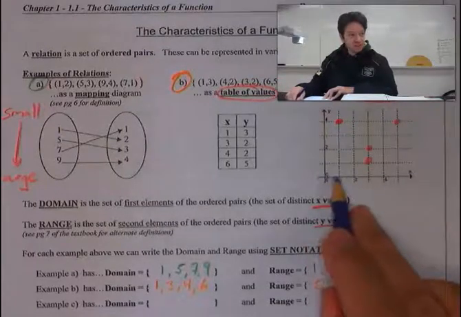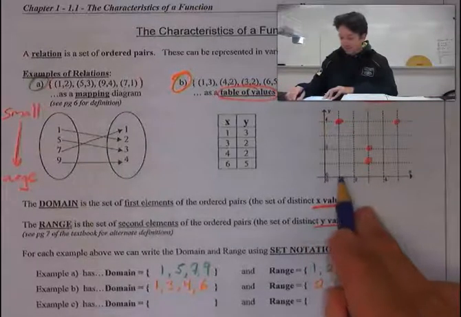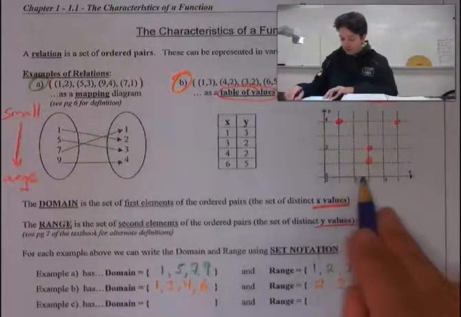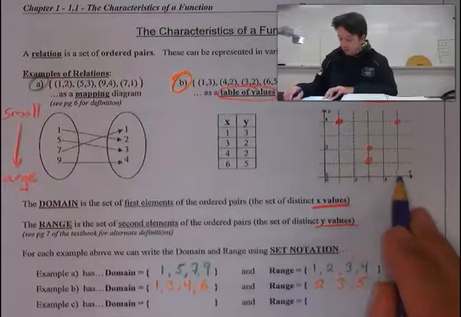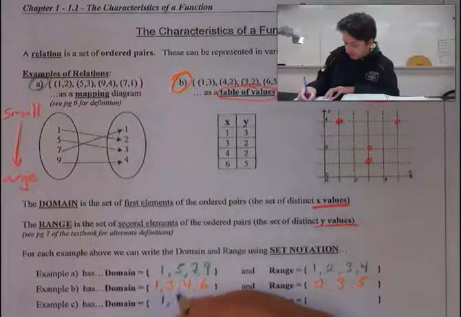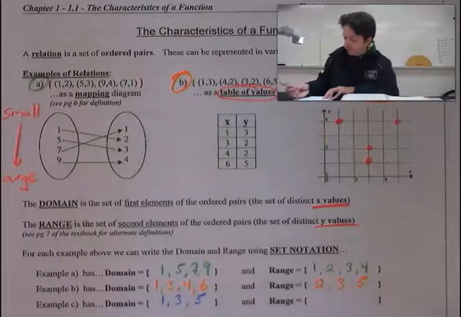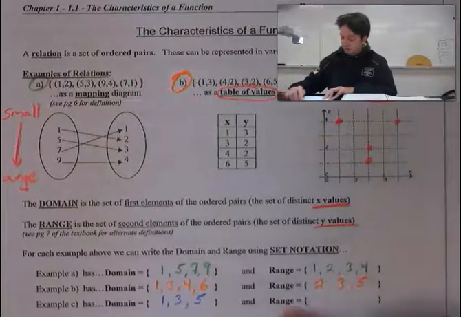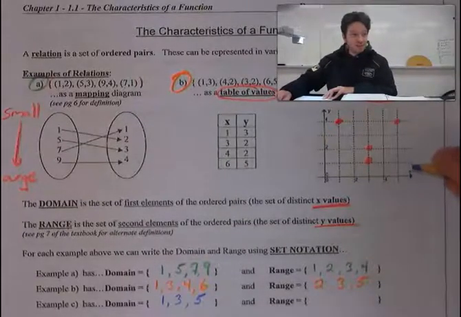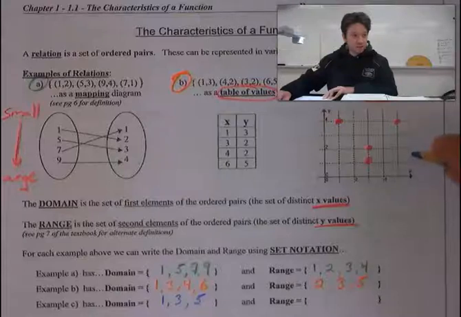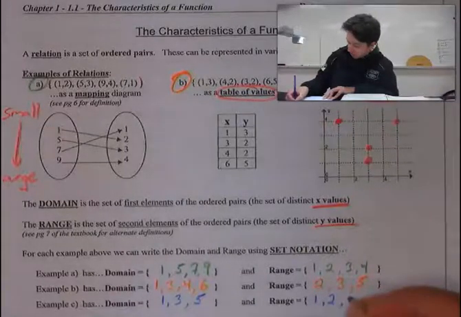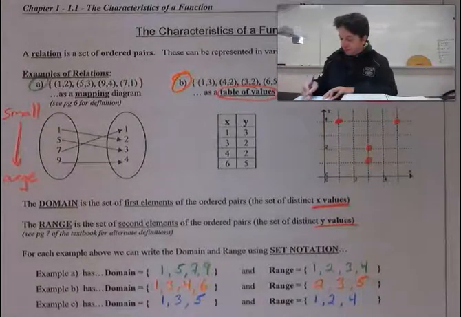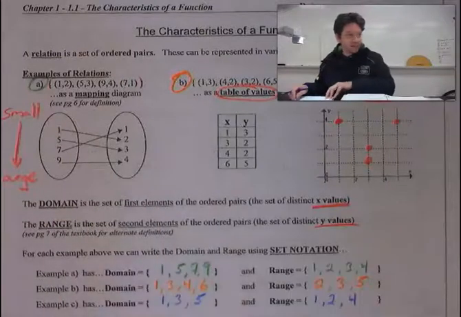So you look along your x-axis, and we have 1. Here we have 3. Again, we don't need to write it twice. And then 5. So 1, 3, and 5. Similarly, we can look along for our range along our y-axis. We have 1, 2, and 4. So we're going to write 1, 2, and 4. And those are our domain and ranges for each of our relations.